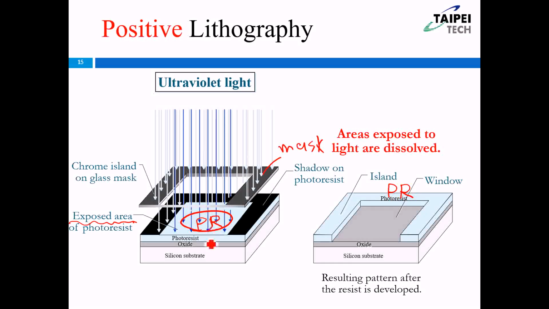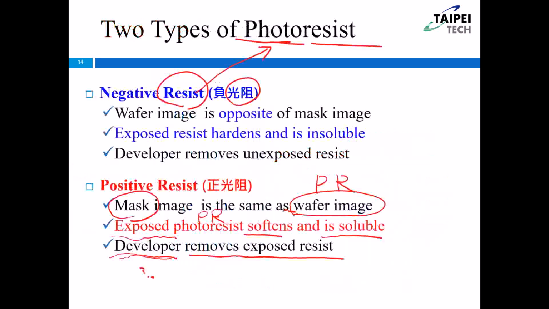So the central PR will become weaker, softened. The areas here, the central PR exposed to the UV light, are dissolved in the developer. 最后这些有照到光的光阻它就会溶解在显影液里面。Developer is here. 显影液, or developer, here.